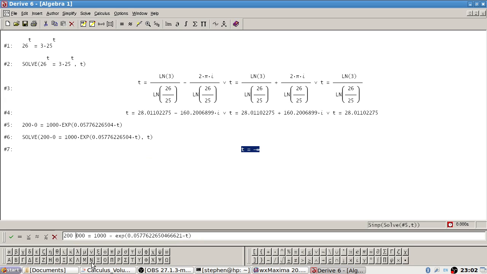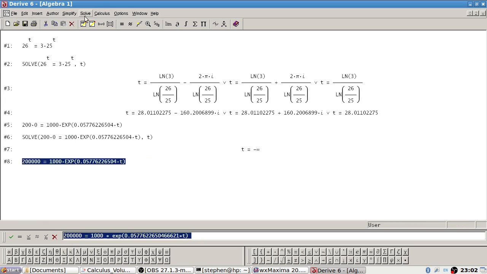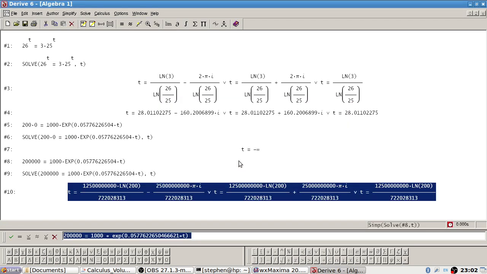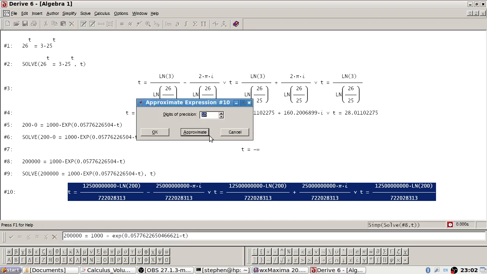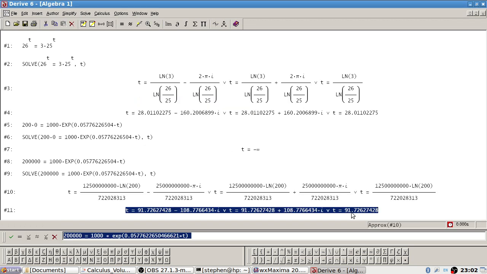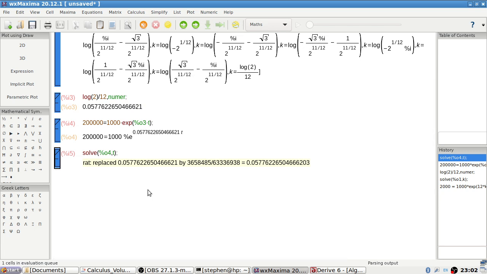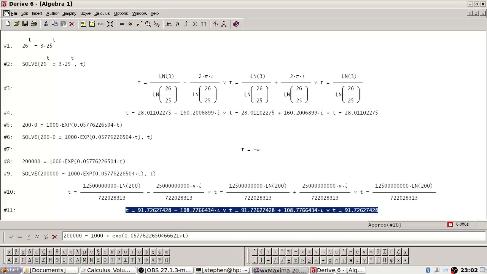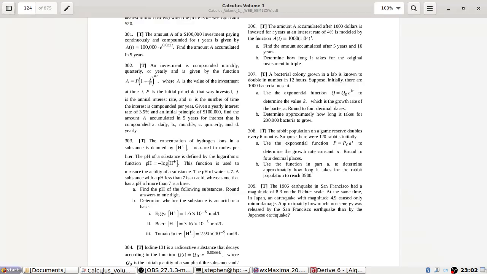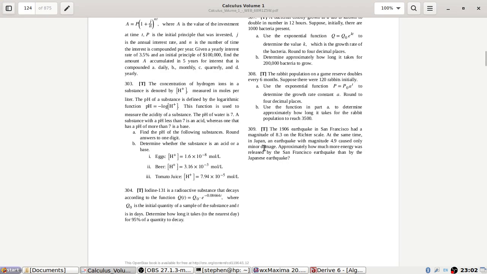Oh, I don't think it likes the space there. Okay. Yeah, see how much quicker that is. About 92 hours. And it's still calculating. Wow. Okay, 92 hours is the answer.